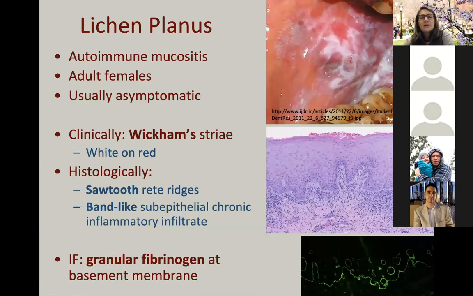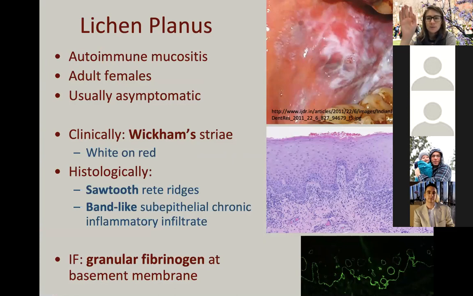One of the diseases that we see coming from the oral cavity is an autoimmune mucositis called lichen planus, usually of adult females. So clinically, it's these white streaks on top of red patches. A lot of the surface diseases we're going to see in the oral cavity are some kind of either discoloration, whether it be white or red, or thickening of the mucosa, some sort of, I guess, geographic, architectural, or coloring abnormality.